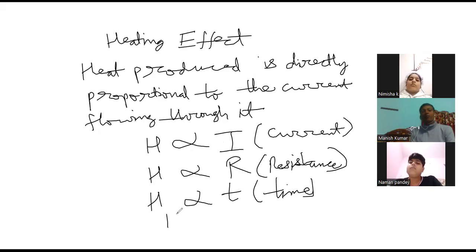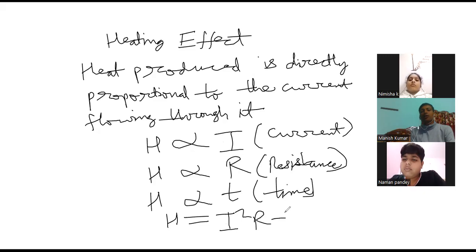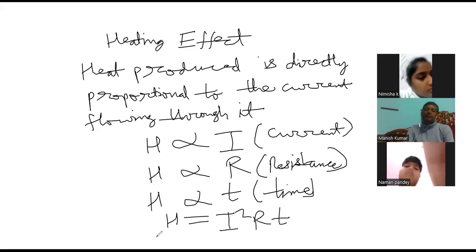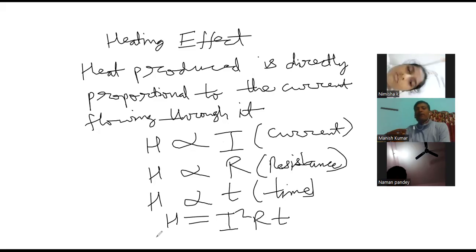And the formula for heat is H is equal to I square RT. You can write it in your notebook also. In your book, it may not be given, but you have to remember, it will help you in understanding the concepts.